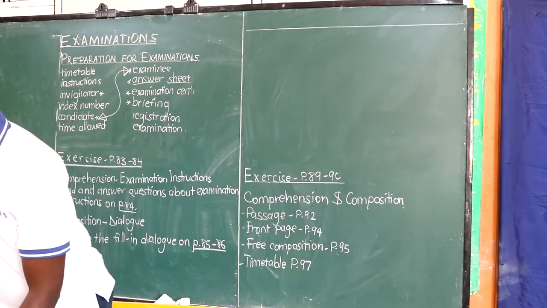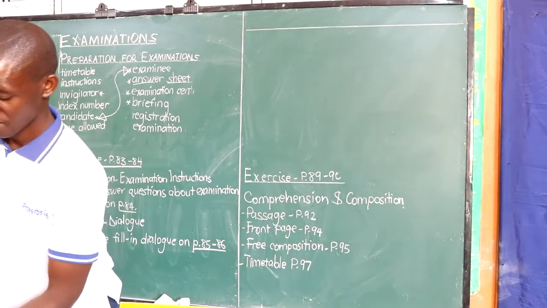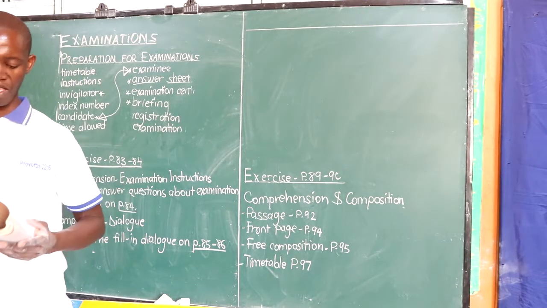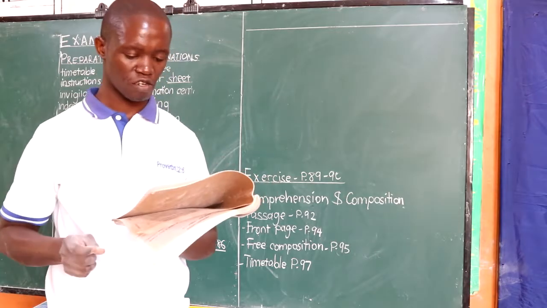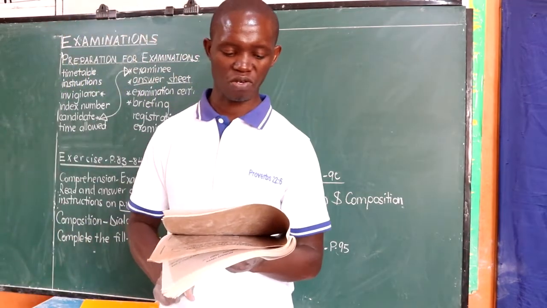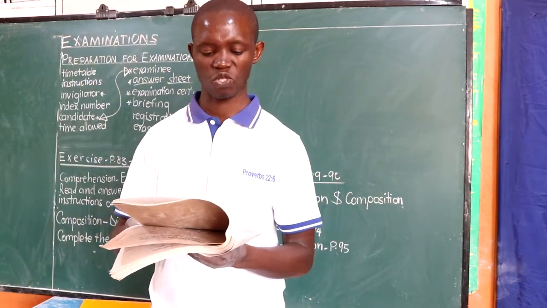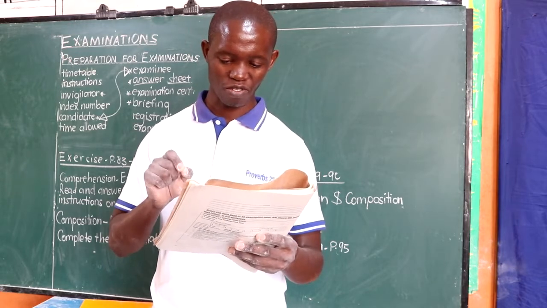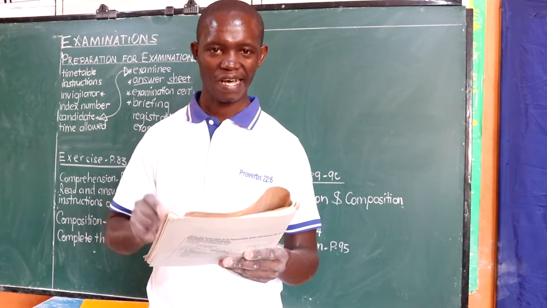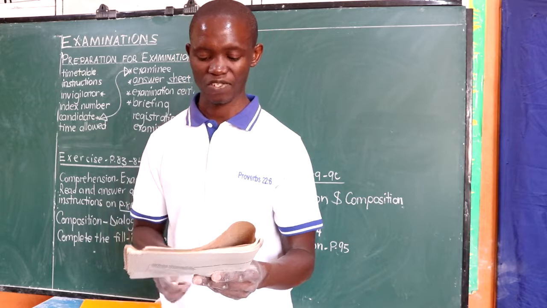You derive it from the text or the question you have been given. In the space below, use between 100 and 150 words to write a composition about the hardest examination your class has ever done. Meaning, I can underline these words because they show me the title. The hardest examination your class has ever done.